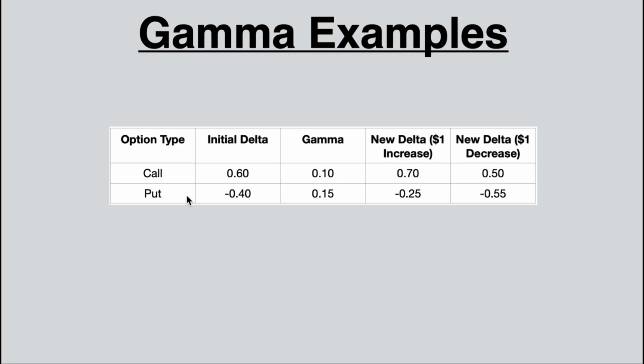So let's say we have a call option and the initial delta is 0.60. If you guys remember what I said earlier in the video, that means that for every dollar the stock moves up or down, the call option is going to move up or down by $0.60. Let's say we have a gamma of 0.10. So in this case, let's say the stock increases by $1.